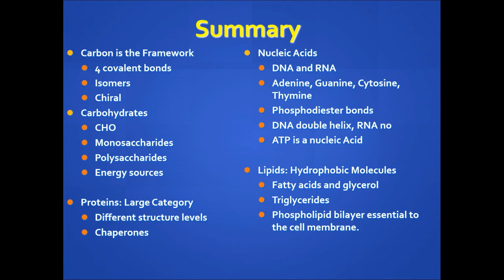So in summary, carbon's a framework. You have 4 covalent bonds that can be made based off of 4 valence electrons in carbon. You have the different isomers, stereo and structural. You have chiral, meaning basically mirror image. You have the carbohydrates with that very specific carbon, double hydrogen, regular oxygen 1:1 ratio.